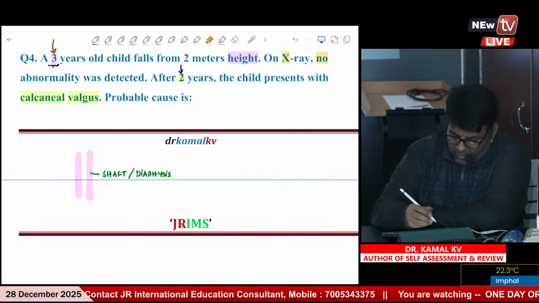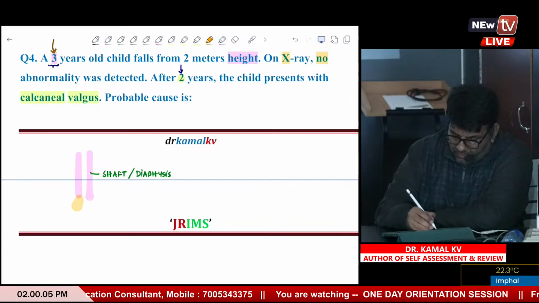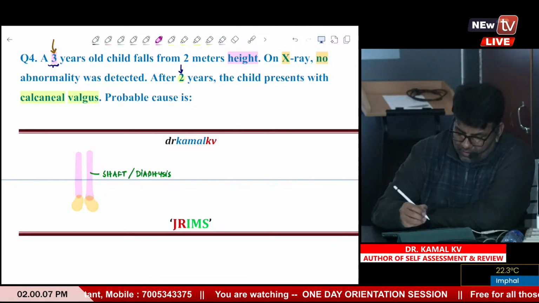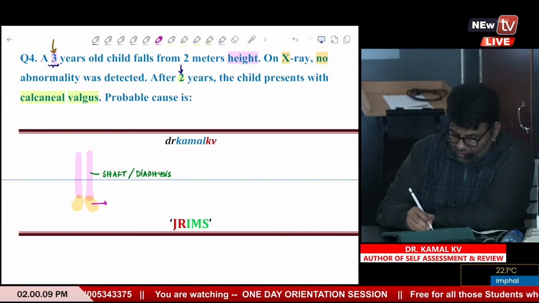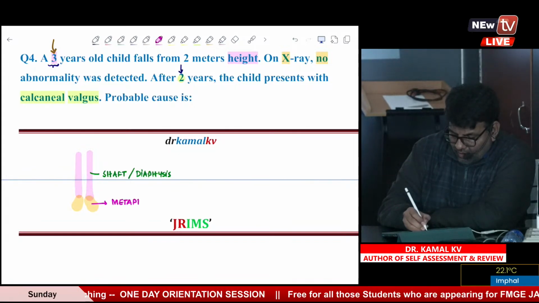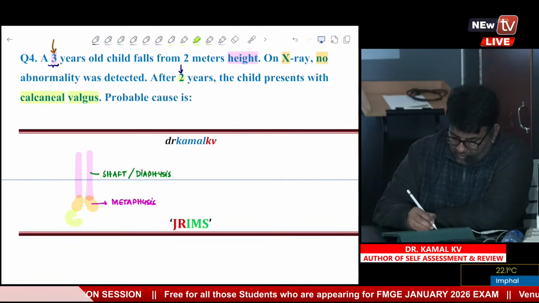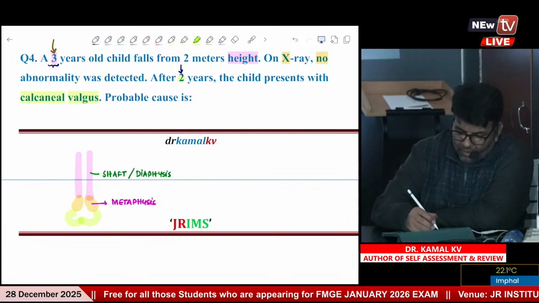After shaft there is an expanded portion. And what is this expanded portion? Metaphysis. Then finally the articular ends are known as epiphysis.